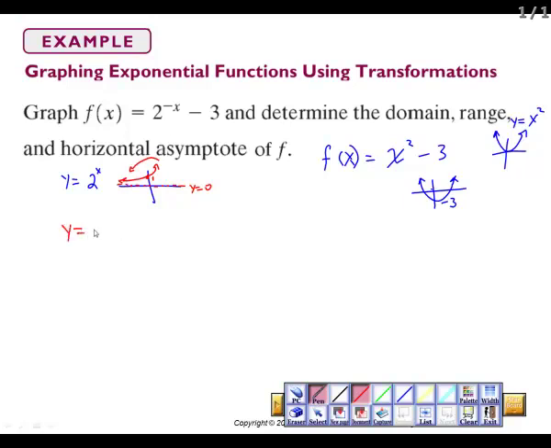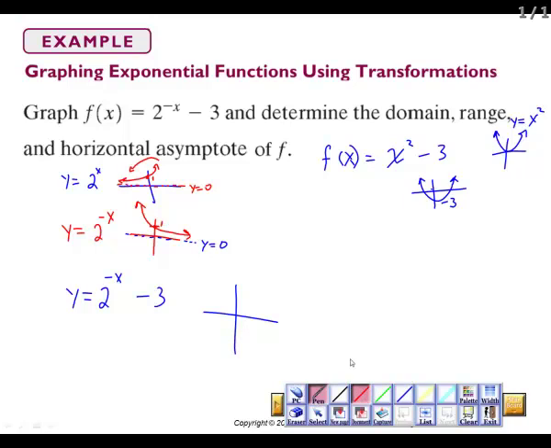So you get y equals 2 to the negative x, and now it's going to come down like this. It flips about the y-axis. And again, this is still 1 here, and your asymptote is still at y equals 0. Now your transformation is going to go down 3 units. So now with y equals 2 to the negative x power, you're going minus 3.